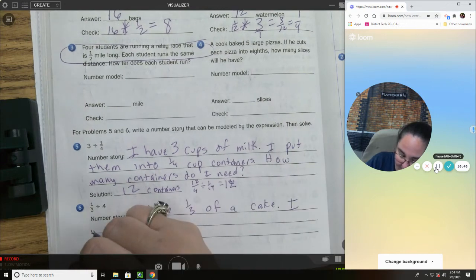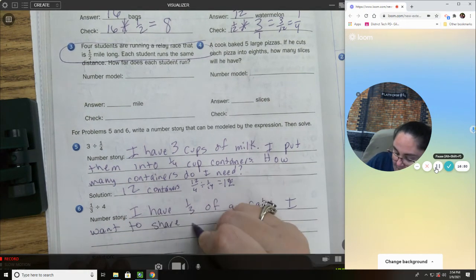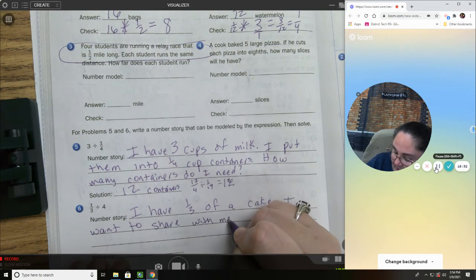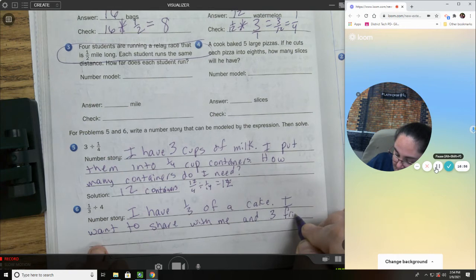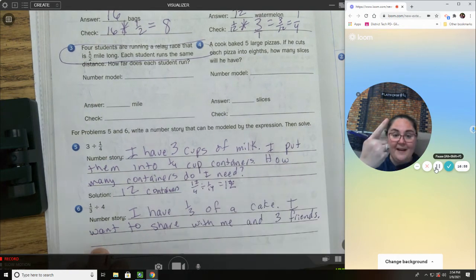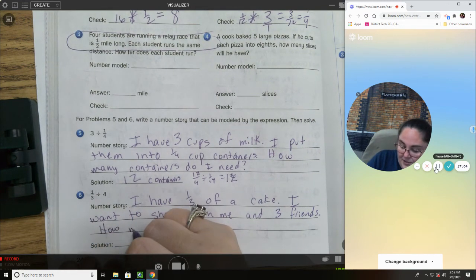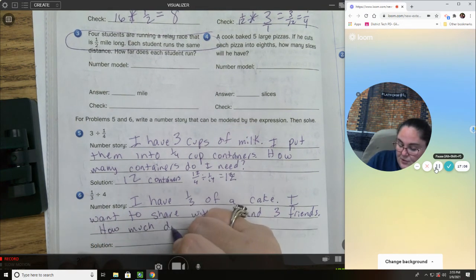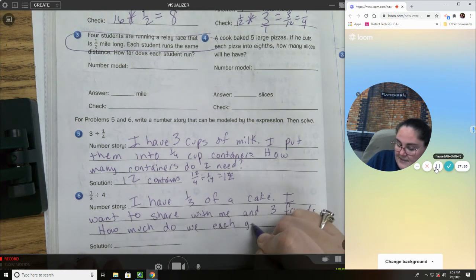I want to share with me and 3 friends. So myself and 3 friends, that's 4 people. How much do we each get?